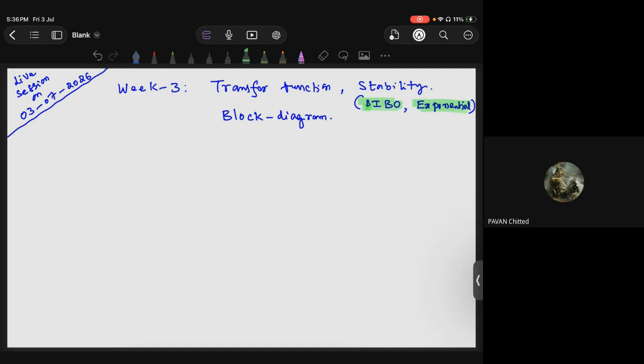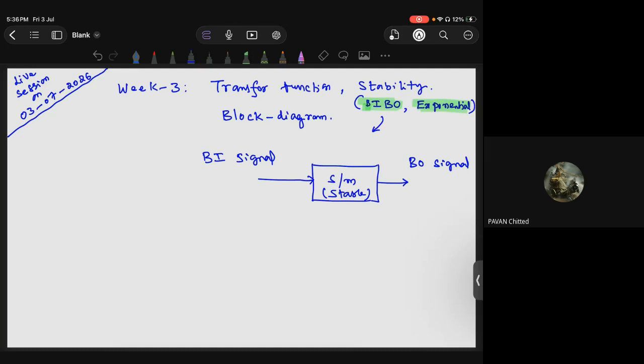Basically, BIBO stability says that if you have any system, and you give a bounded input signal, and you get a bounded output signal, we can say this system is a stable system.